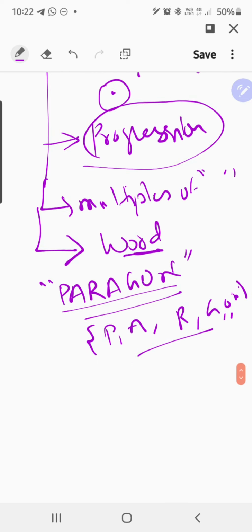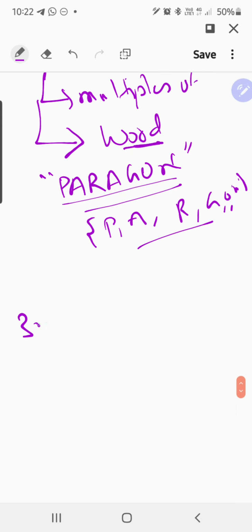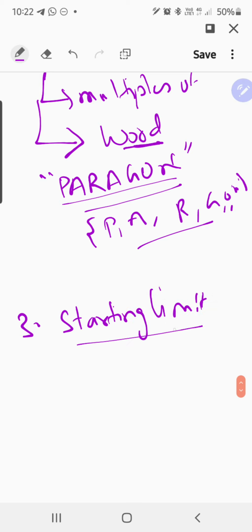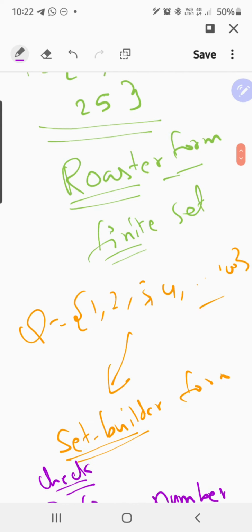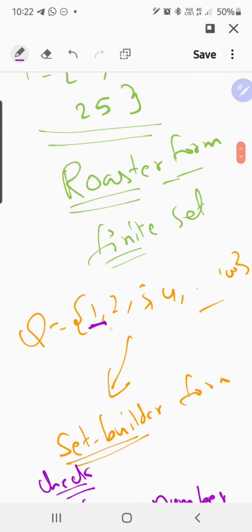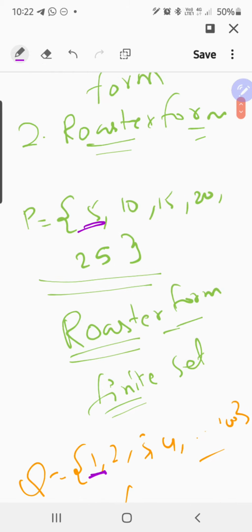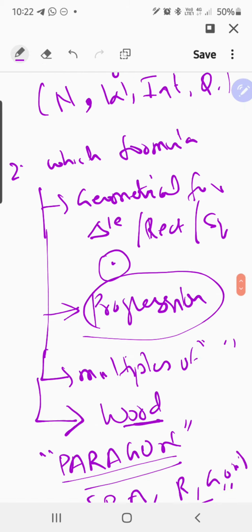Next, third, you have to define the starting limit. What do you mean by starting limit? Starting limit means from where your set starts. In this case, your set starts from 1, and in this case it starts with 5. So you have to write the starting limit of it.